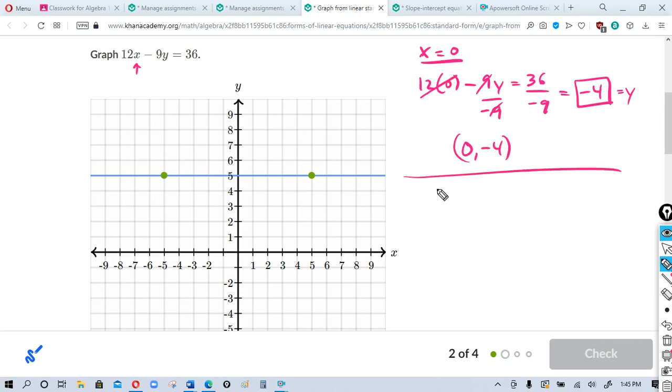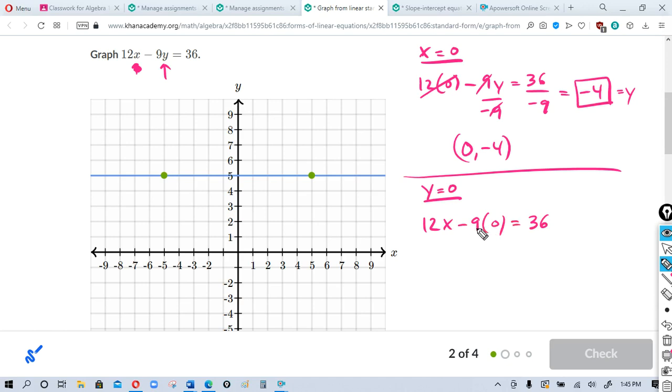Now we did x equals 0, we're going to do y equals 0. So put the 0 right in place of y. Okay, we have 12x minus 9 times 0 equals 36.